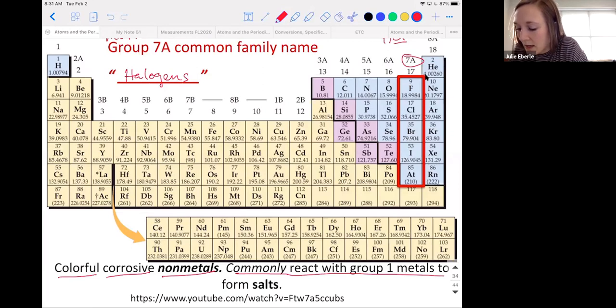So for example, if I had LiCl, lithium chloride, we would call that a salt. If I had potassium fluoride, and we'll talk about how to name this stuff later, we would call that a salt, okay? That's a main group 1 and a main group 7. So any combination of an element from main group 1 with main group 7, we refer to it as a salt, a metal with a non-metal, okay?